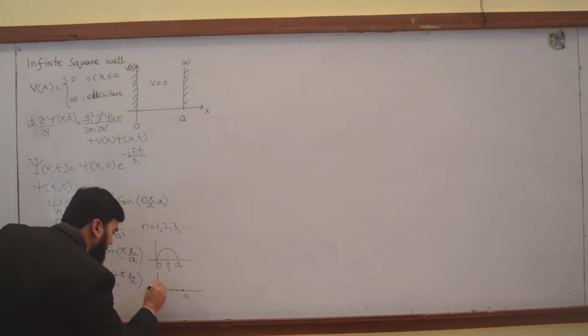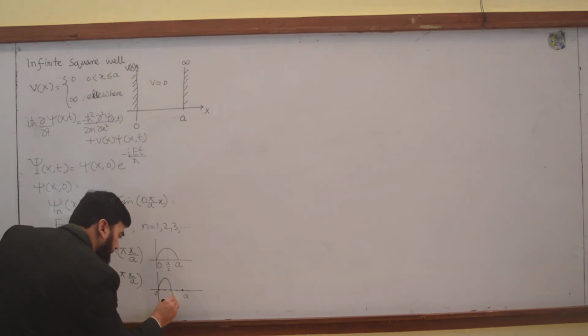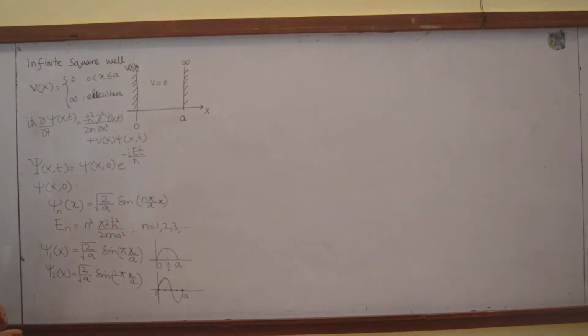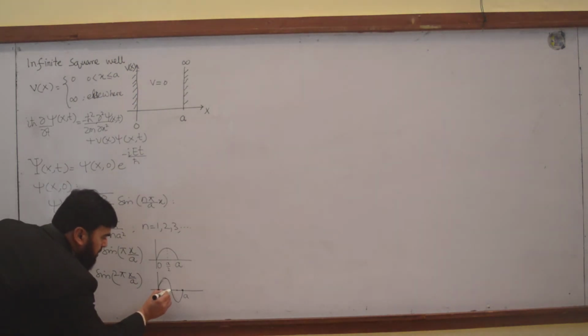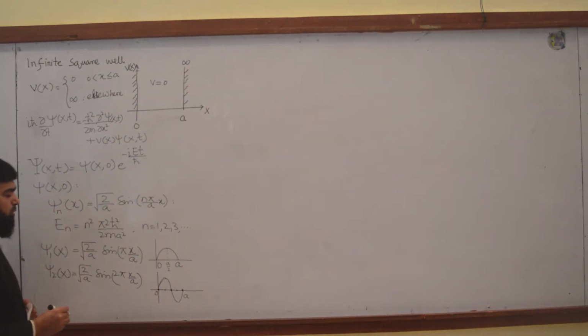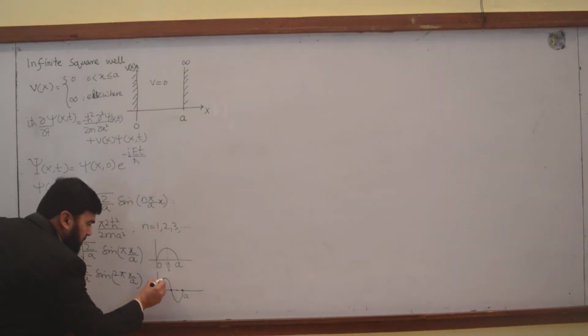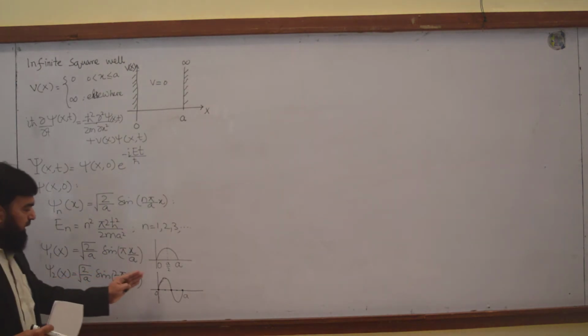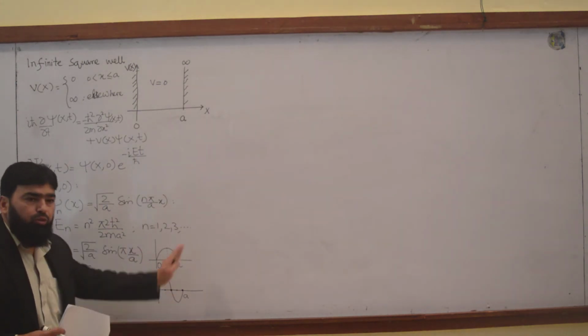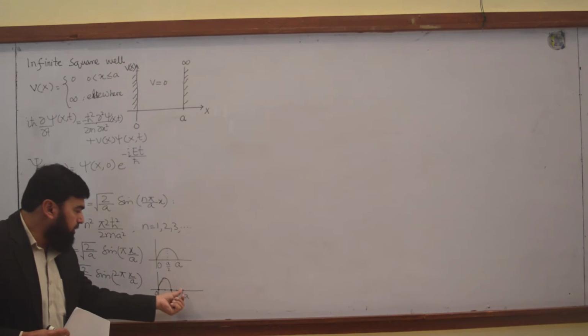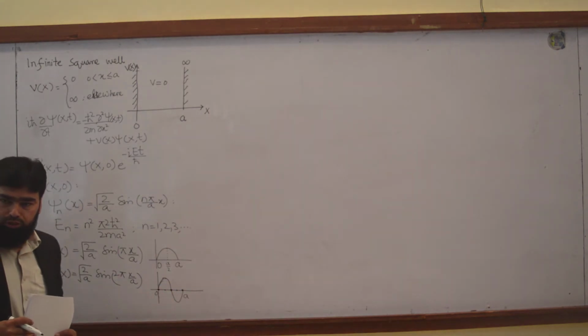So what we get is something like this. One node, you can say one zero point, has been added. Our wave function now crosses the zero point and then returns to its original position.